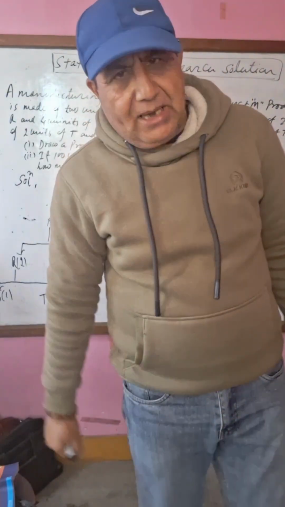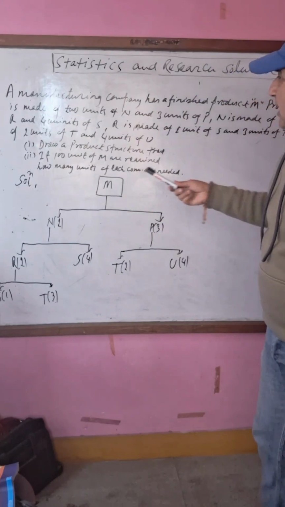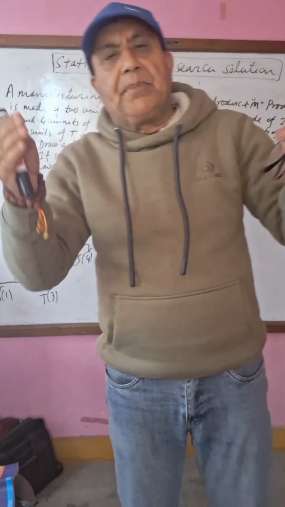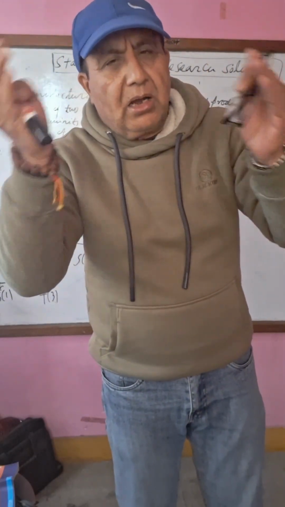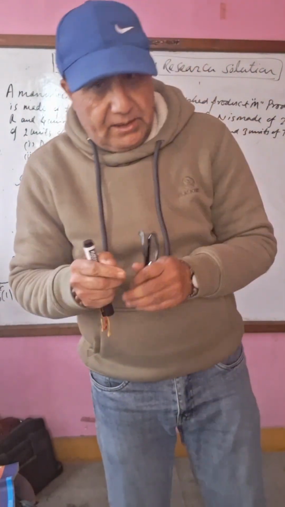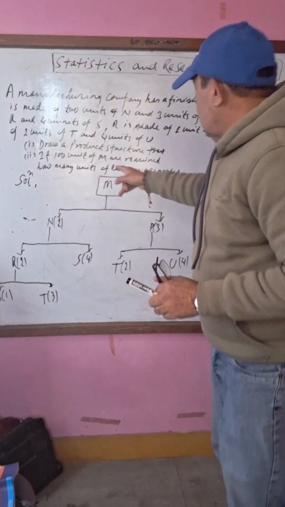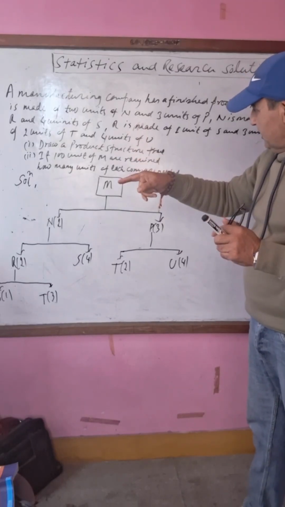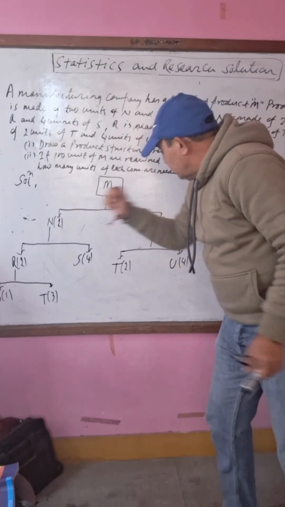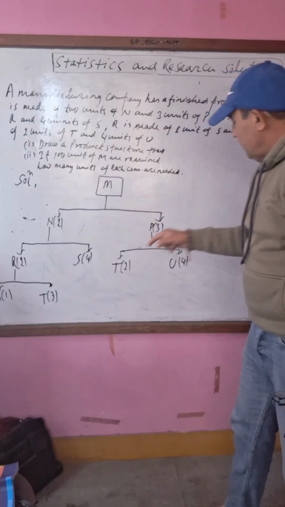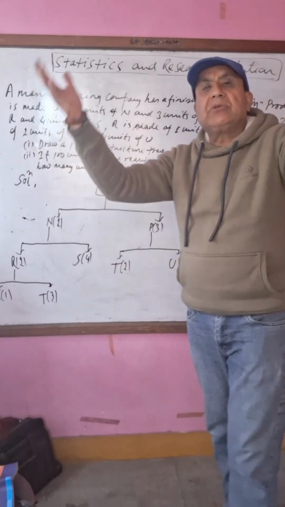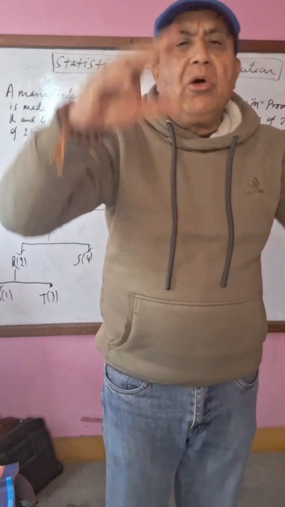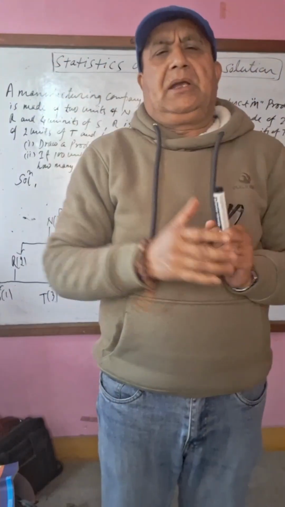In the second part, the question is, if the company needs to produce 100 units of M, then how many units of each component, N, P, R, S, T, U, are required to produce 100 units of M?